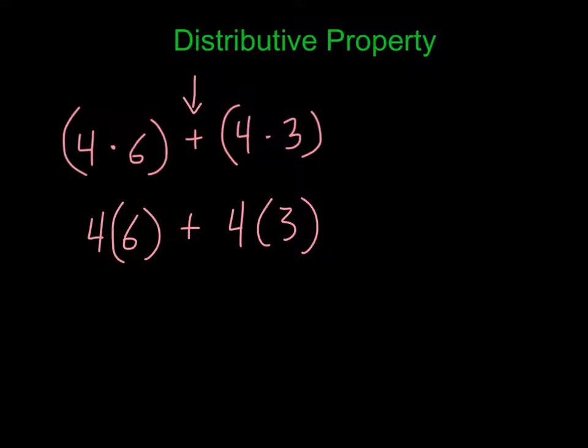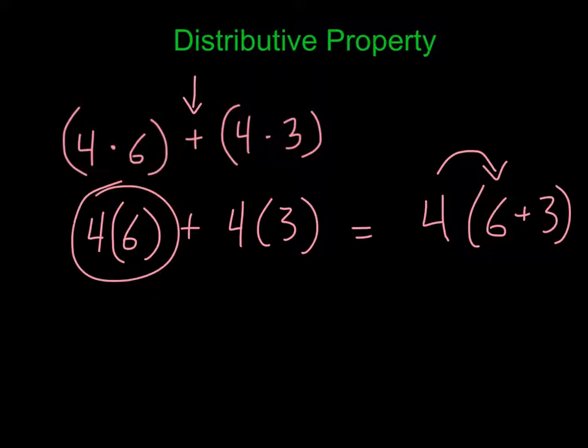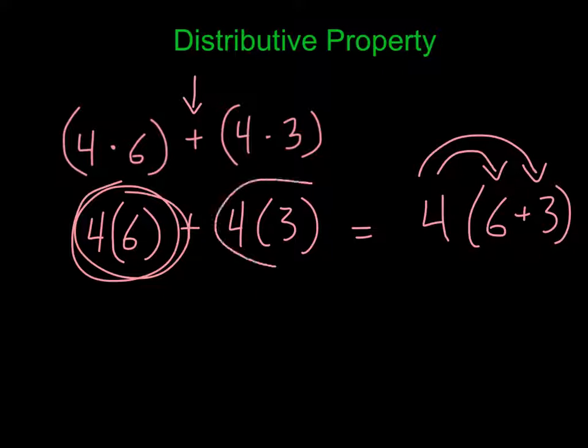So here I have 4 groups of 6 and 4 groups of 3. Another way to write that using the distributive property would be saying I have 4 groups of 6 plus 3. Because this says I have 4 groups of 6, which is what I have right here, and I have 4 groups of 3, which is what I have right there.